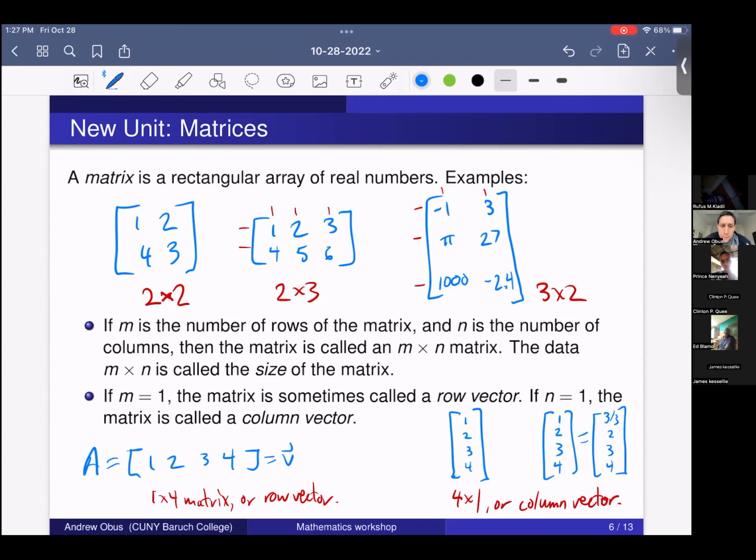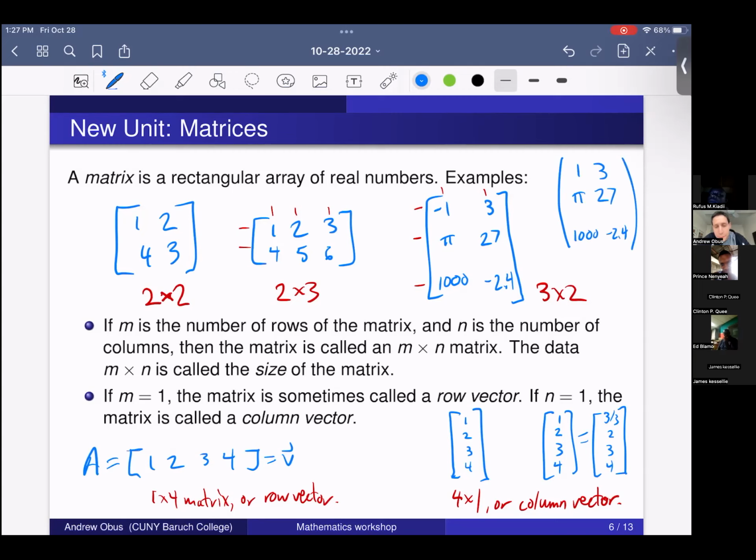What I was saying is, can a different symbol be used instead of the bracket? Oh, instead of the brackets. Yeah. I like to use brackets, but sometimes you'll see big parentheses, with entries like 1, 3, pi, 27, 1000, and minus 2.4.